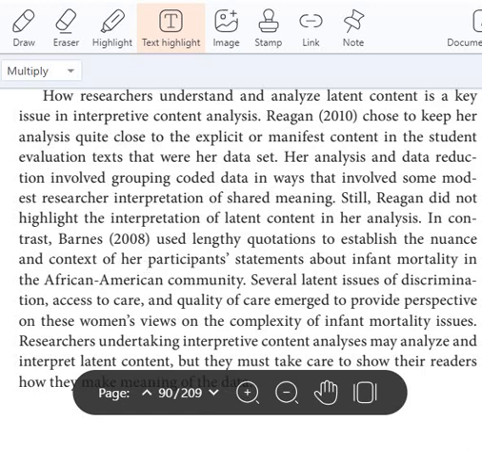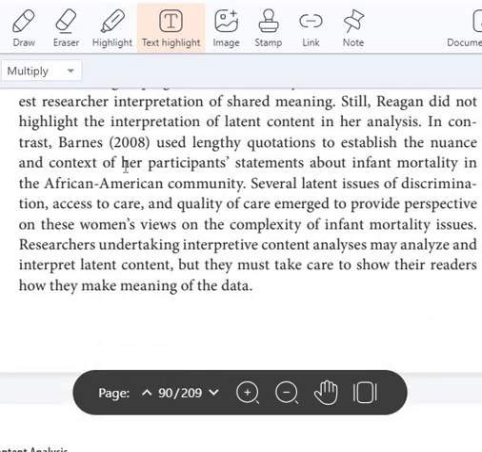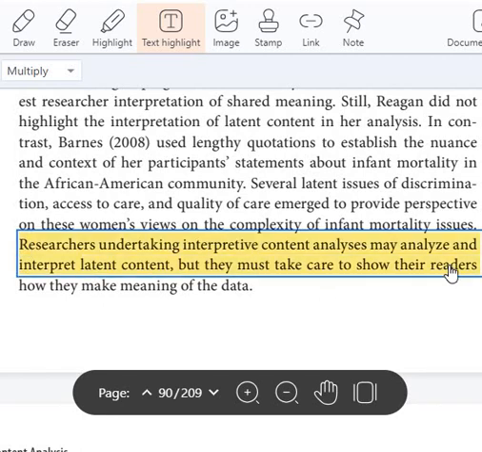Okay, look at this, the last portion here. Researchers undertaking interpretive content analyses may analyze and interpret latent content, but they must take care to show their readers how they make meaning of the data.